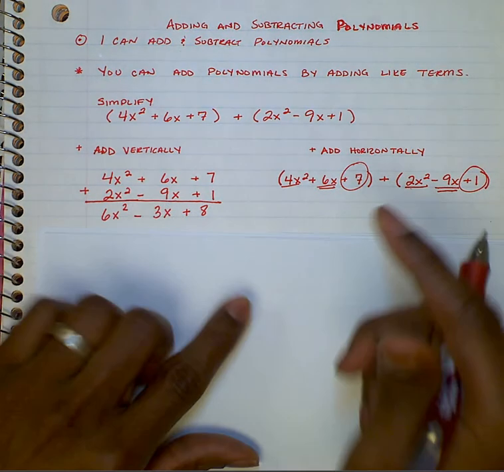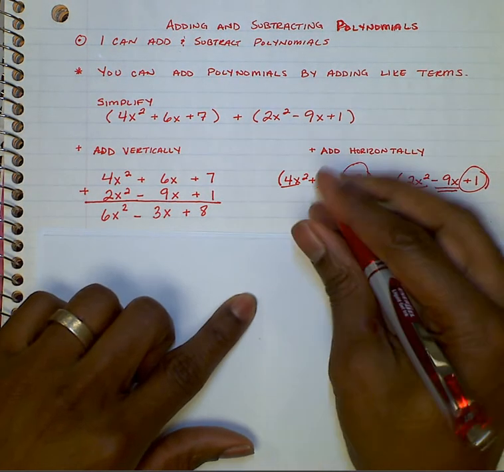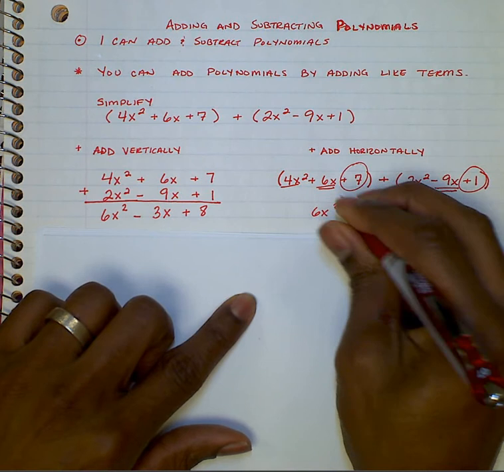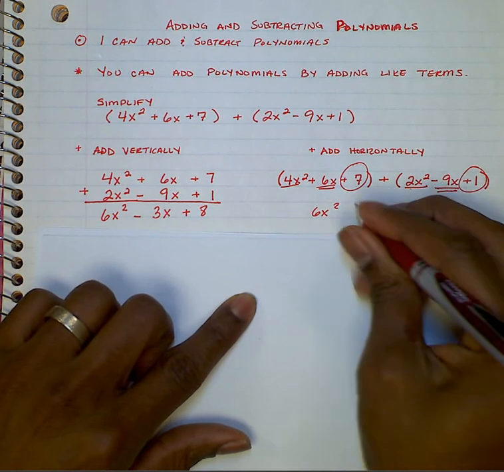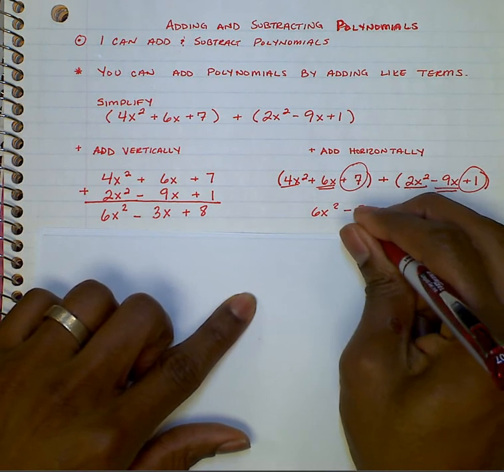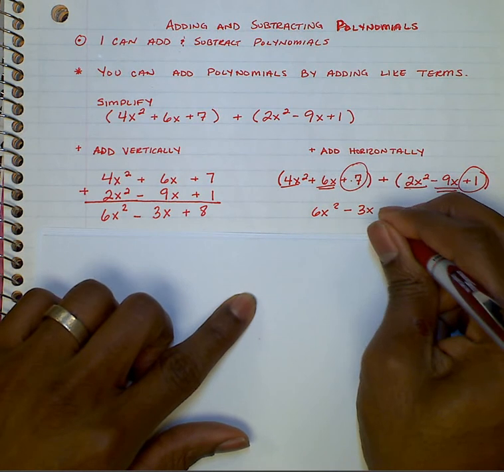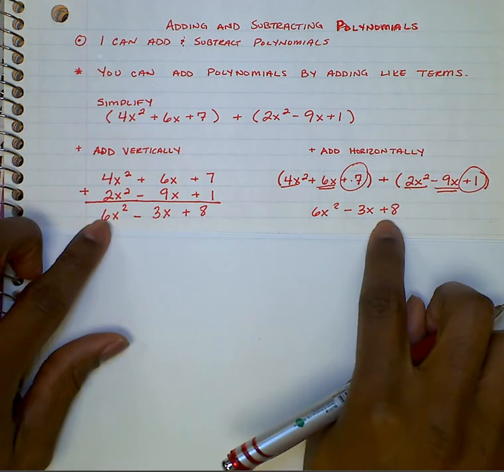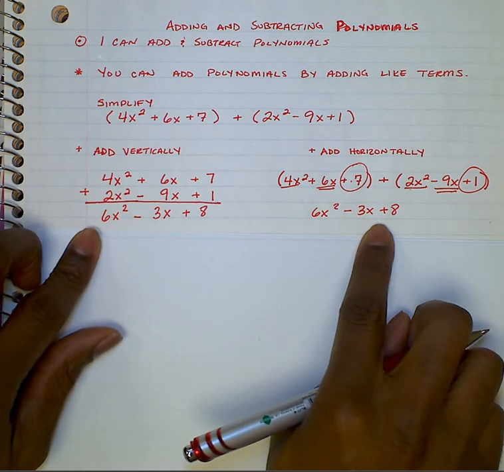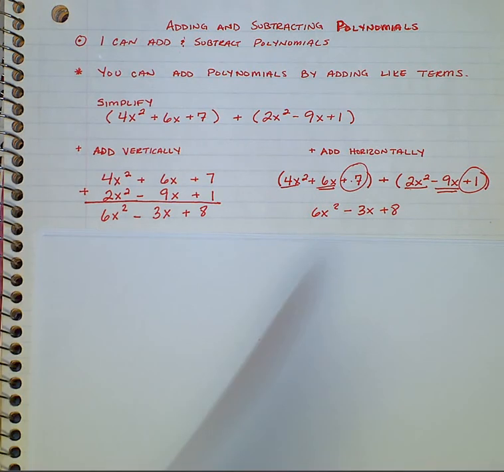Again, 4x squared plus 2x squared is 6x squared, 6x plus negative 9x, or minus 9x, is negative 3x, and positive 7 plus 1 is positive 8. So either way, I'm getting the same answer, a quadratic trinomial.